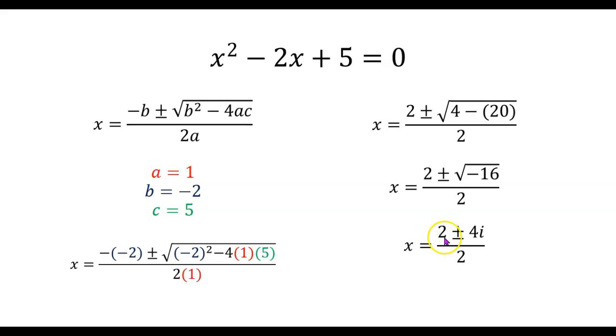So we have x equals 2 plus or minus 4i all over 2. And both of those get divided by 2. The 2 divided by 2 is 1, plus or minus the 4i divided by 2 is 2i. So we did get two solutions. They were complex numbers. One of them was 1 plus 2i, and the other one was 1 minus 2i.